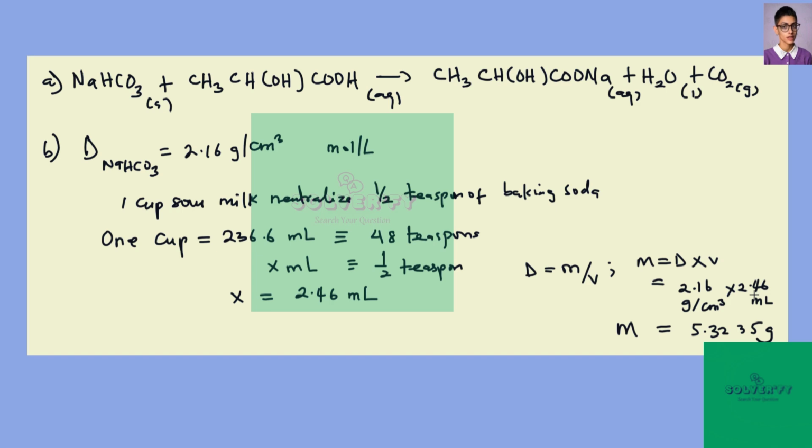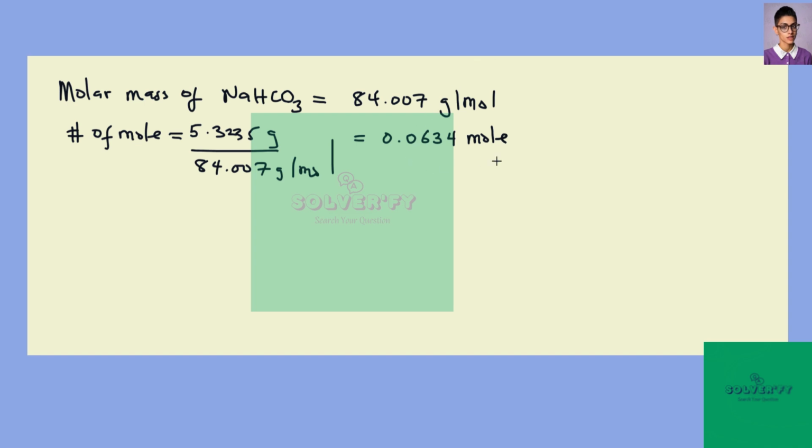And we're told that 1 cup of sour milk is 236.6. Okay, so we have 0.0634 mole in 236.6 milliliters. So we convert that to liters, it will be 0.2366 liter.